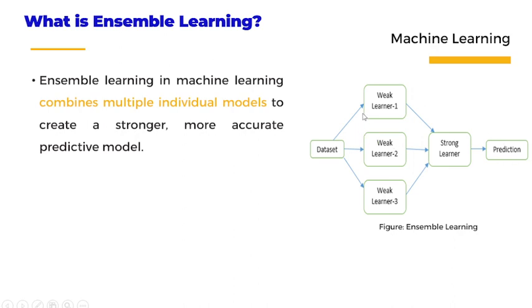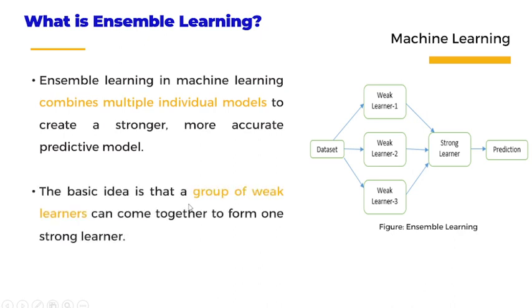These individual models that we combine are called weak learners, because they have either a high bias or a high variance problem, and these weak learners cannot learn efficiently and perform poorly. That's why we combine the results of these to make a strong learner for accurate prediction. So the basic idea is that a group of weak learners can come together to form one strong learner.